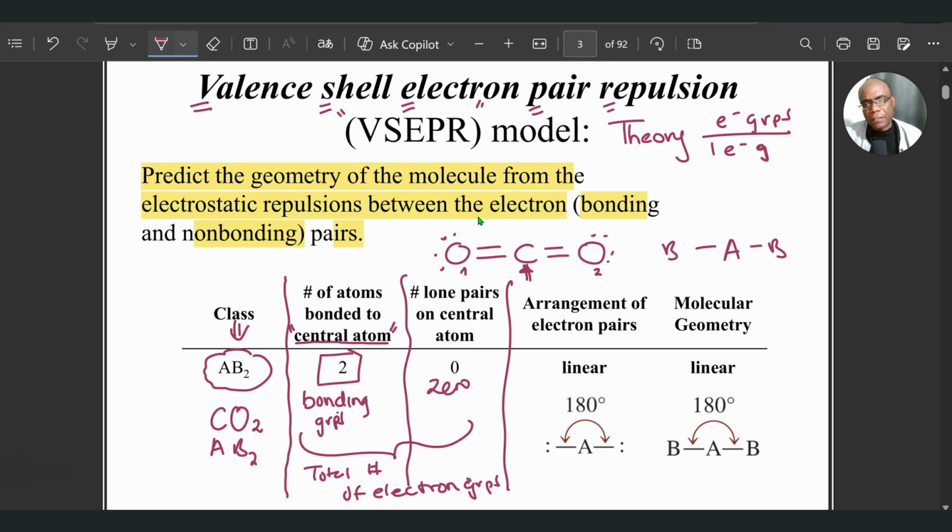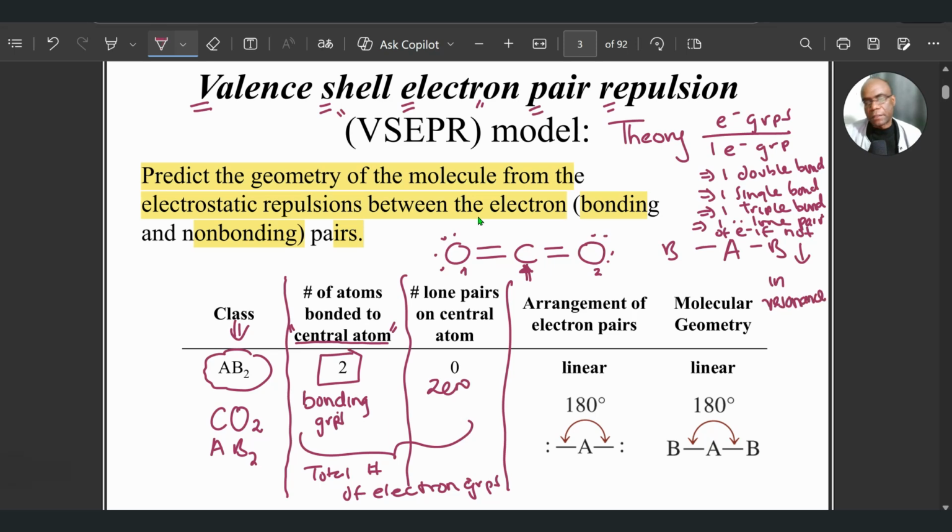One double bond is one electron group, one single bond is one electron group, one triple bond is one electron group in whichever order, and then one lone pair of electrons, if not in resonance.